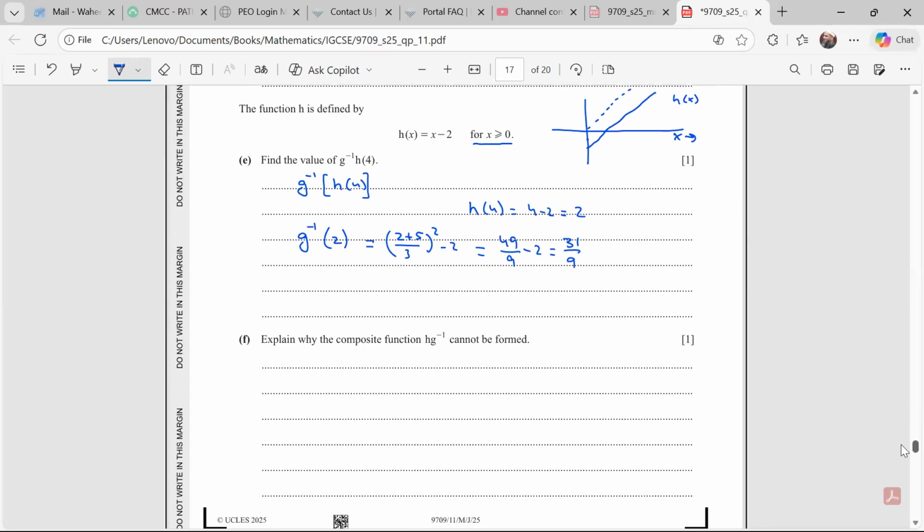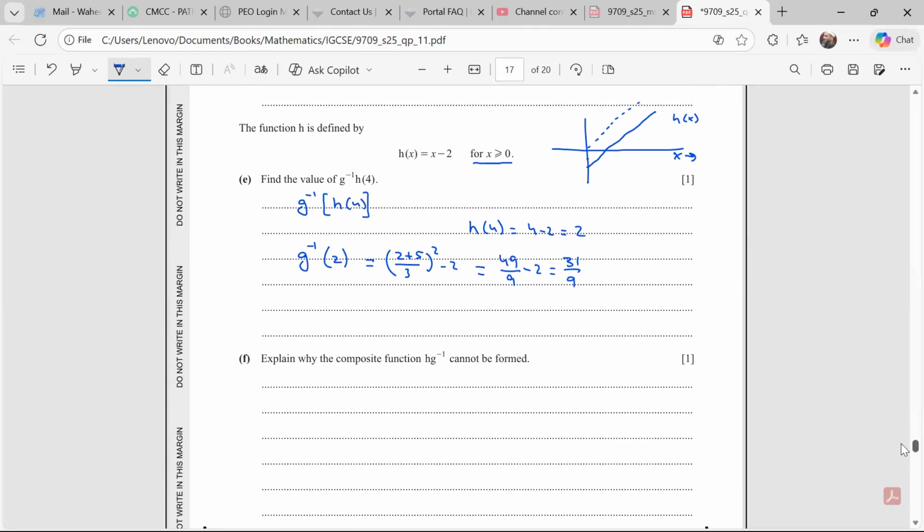Now, last thing is explain why the composite function h of g inverse cannot be formed. This is interesting. So we cannot make a function h of g inverse. This is not possible to make because you remember what was the range of g inverse?